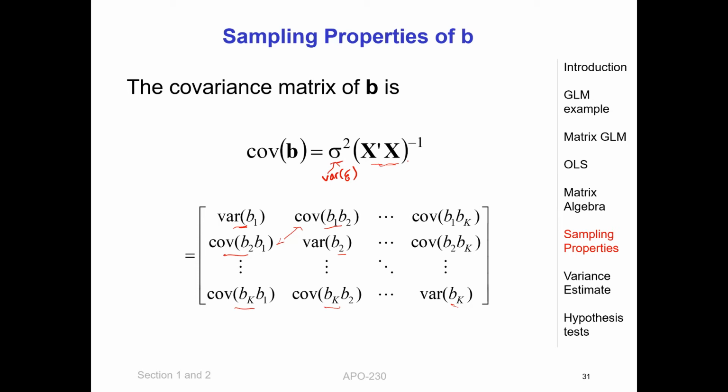So if we have the data, and if we know the variance of the errors, then we could derive the covariance matrix of B. Nevertheless, in reality, it might be hard to know this sigma square because we don't know the true residual, right? And we come to that later, how to deal with that.